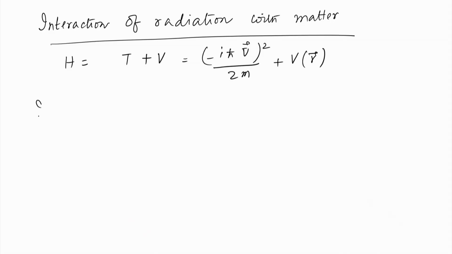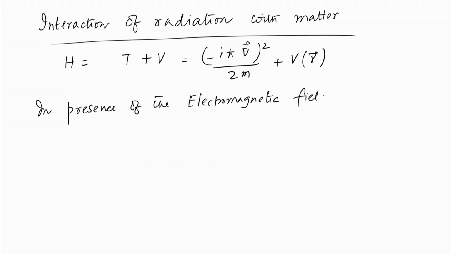So, in presence of the electromagnetic field, so this radiation means the electromagnetic field, the canonical momentum is written as this, which is different than the mechanical momentum.